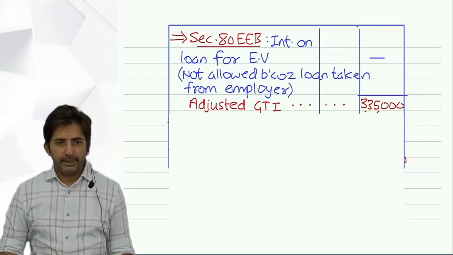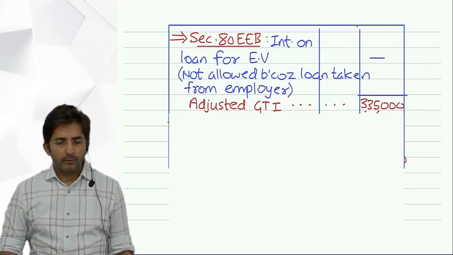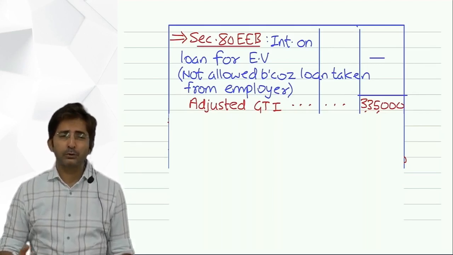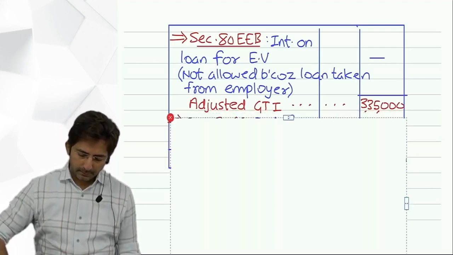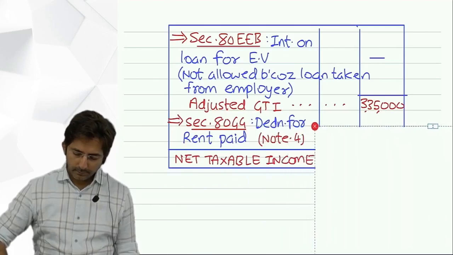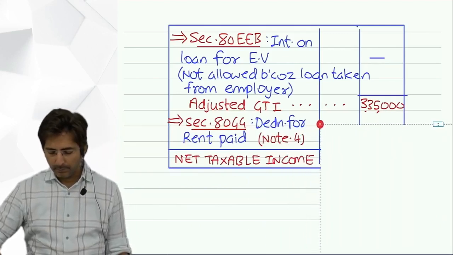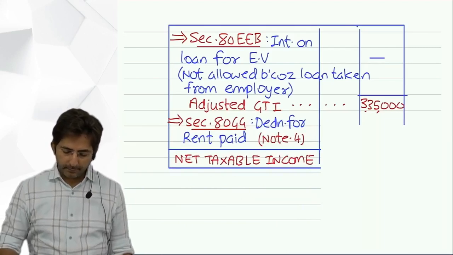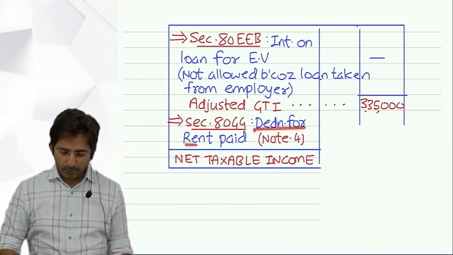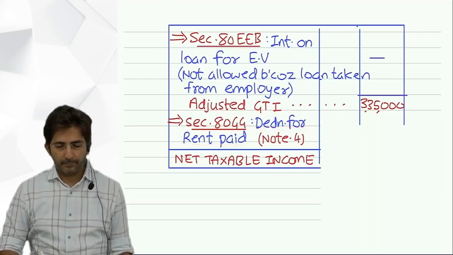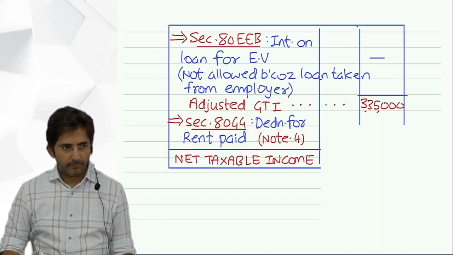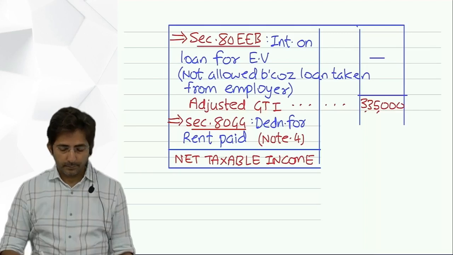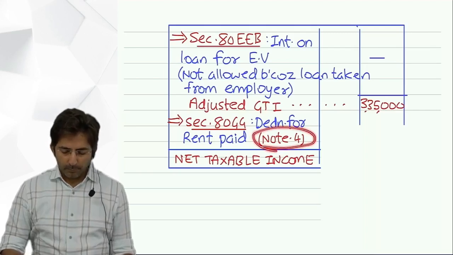But for 80GG we will have to prepare a working note. Why? Because there is a formula 1, 2, 3, whichever is less. So you can write like this. 80GG, deduction for rent paid, note number 4.